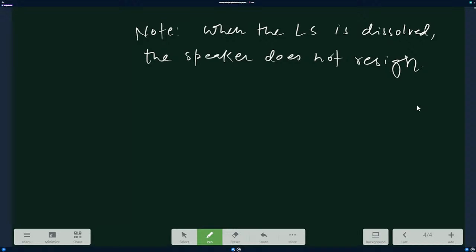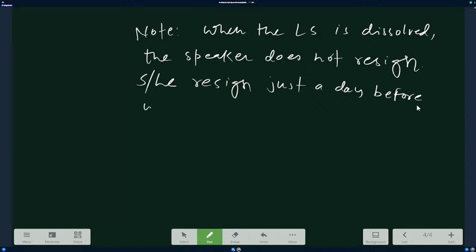He or she resigns from office just before the new Lok Sabha comes, just a day before the newly elected Lok Sabha meets.